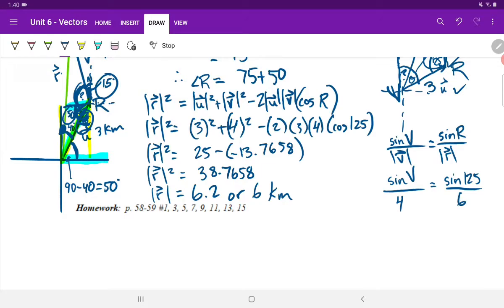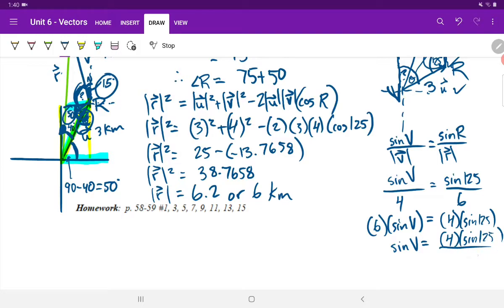You end up getting 6 times sine V equals 4 times sine 125. And sine V is equal to 4 times sine 125 divided by 6.